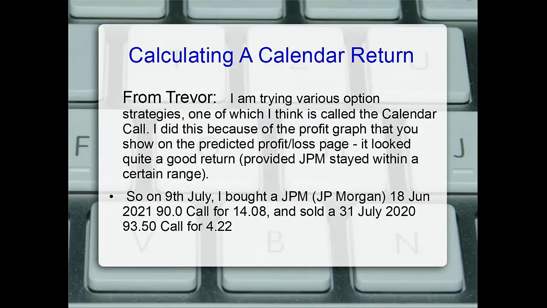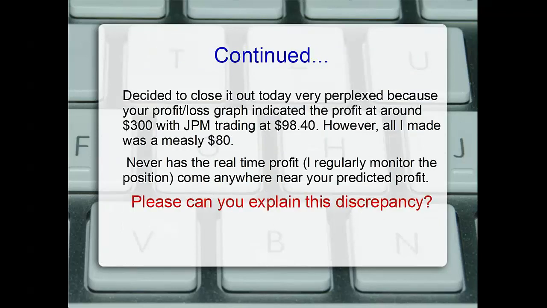So on July 9th, I bought a JP Morgan 2021 June 90 call for $14.08 and sold a 31st July 2020 call for $4.22. So on July 9th, one was 22 days away to expiration. The other was about 395 or 400 days to expiration, to the 18th of June 2021. I think it was 392.